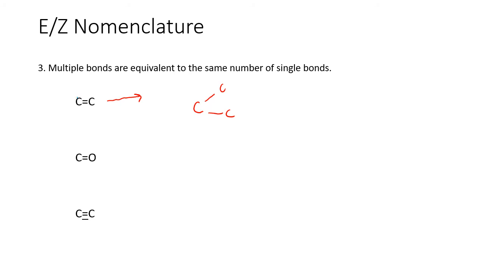What's not being shown here is that carbon would be bonded to something like hydrogen there maybe, and that other molecule or atom would still be there, whatever it might be. So C=O would be equivalent to carbon bonded to two oxygens, and a triple bond would be equivalent to a carbon with 3 carbons coming off. And so we use this for doing our priority. So a triple bond is equivalent to 3 single bonds. A double bond is equivalent to 2 single bonds.